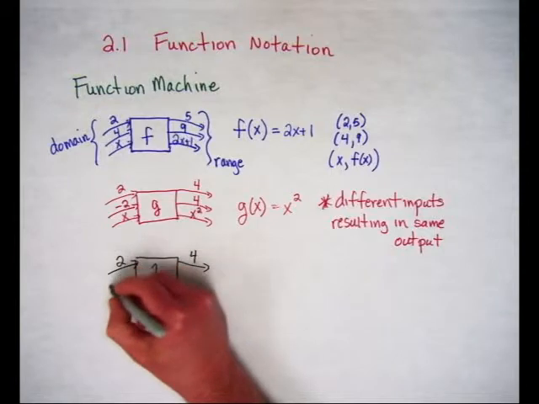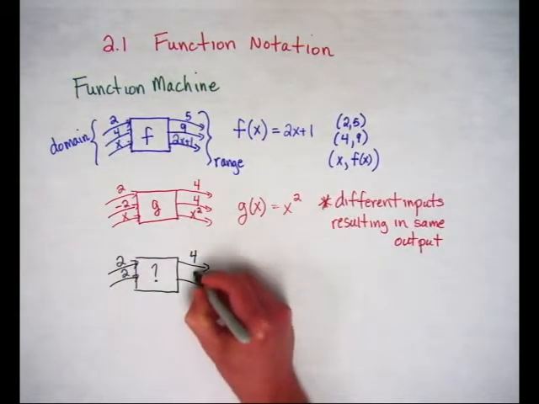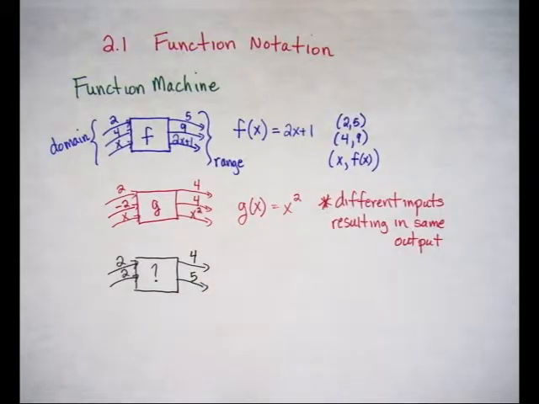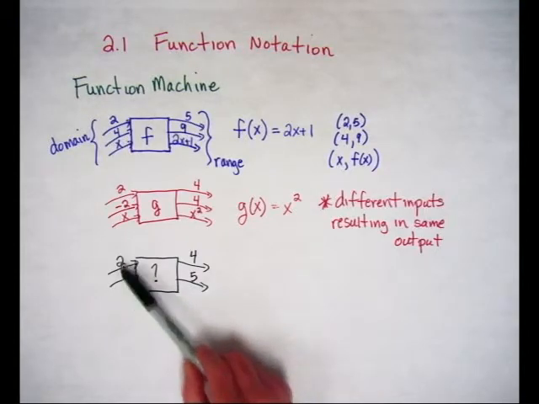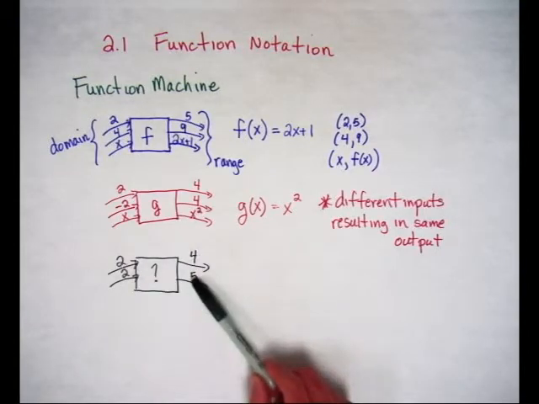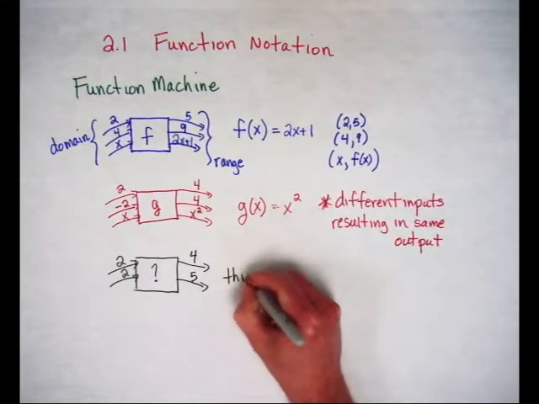But what if you threw in the number 2 a second time, and the machine kicked out a different number, 5? If you think about it, that doesn't make sense. If you haven't changed what's going on inside the machine, it can't take the same input and do two different things to it, unless you actually went inside the machine and changed the rule. So this is impossible.